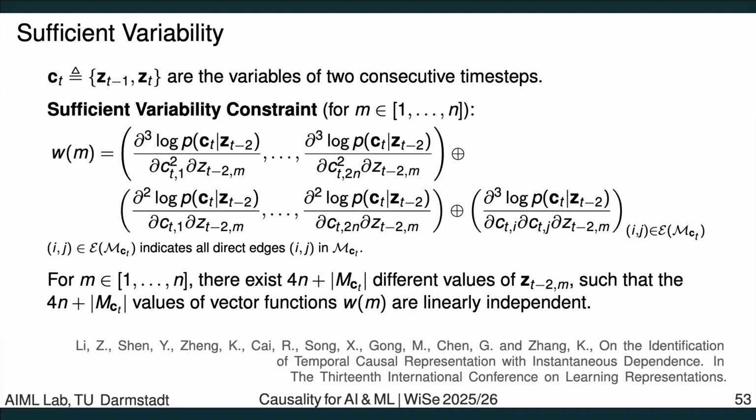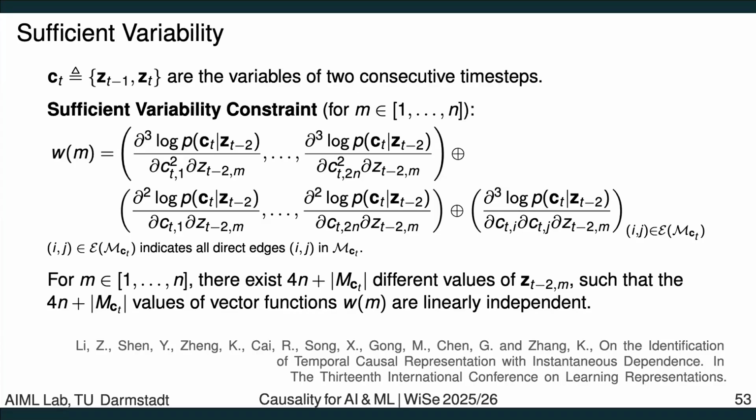We have three different groups, and those groups restrict the change of the mean and the change of the variance. They require those gradients of the mean and the variances to have sufficient variability.